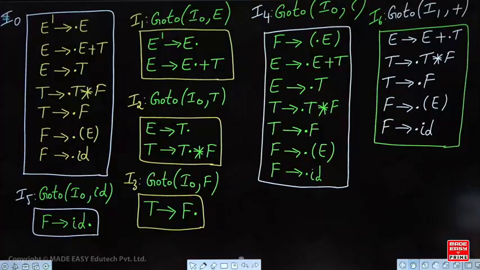Babu, 14 states, Vaibhav, it's wrong. Divya Chauhan, 11 states, wrong. Yeah, Divya Chauhan, now it is correct.